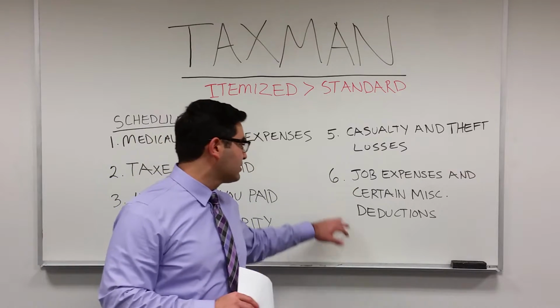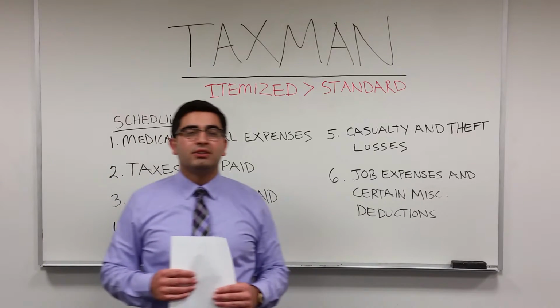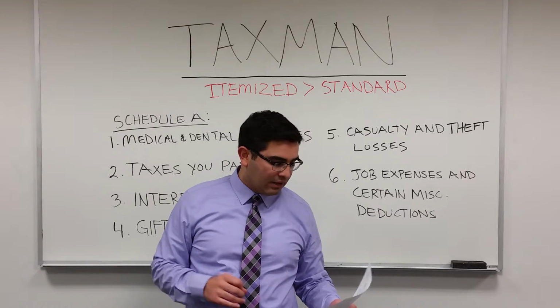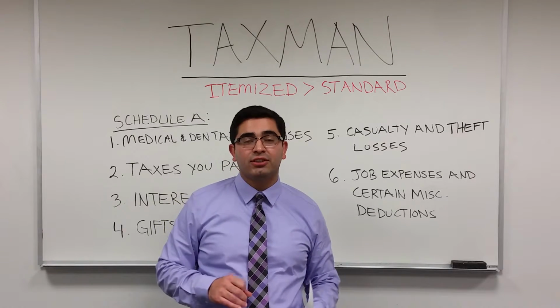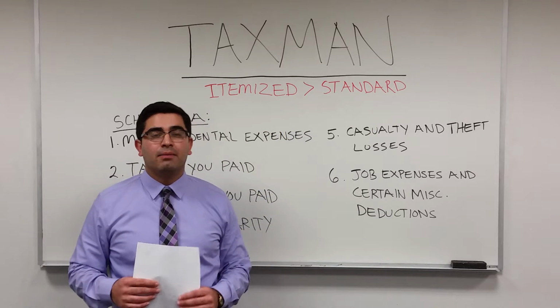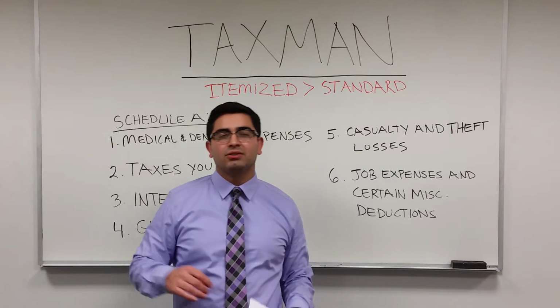Lastly here is number 6, which is job expenses and certain miscellaneous deductions. So if you have unreimbursed job expenses such as job travel, union dues, job education, those are all deductible here on section 6. And those are all reported on form 2106.